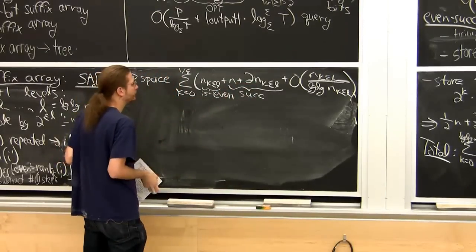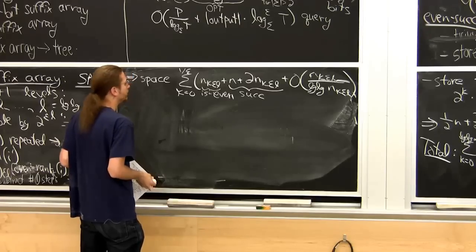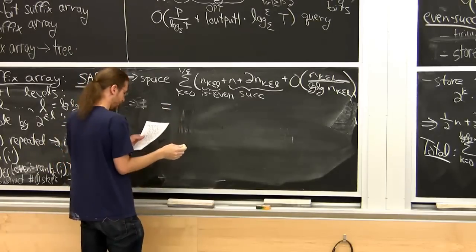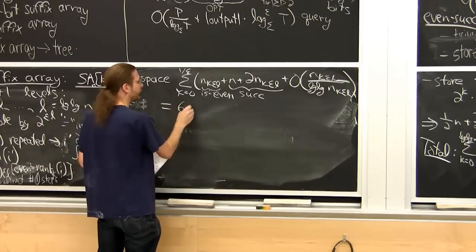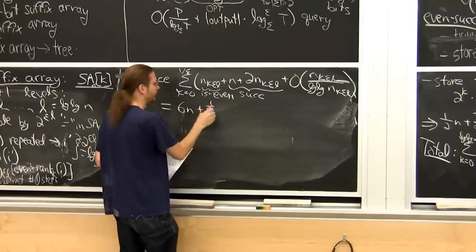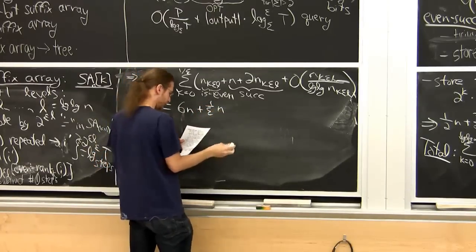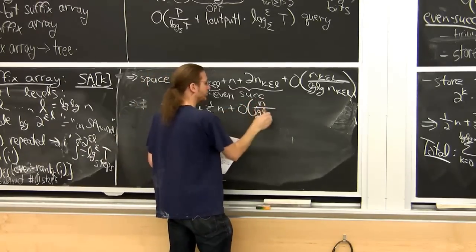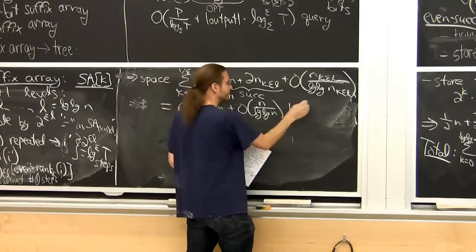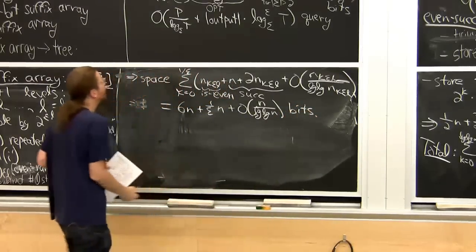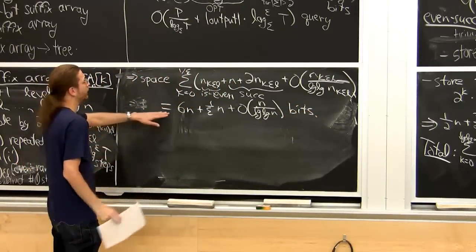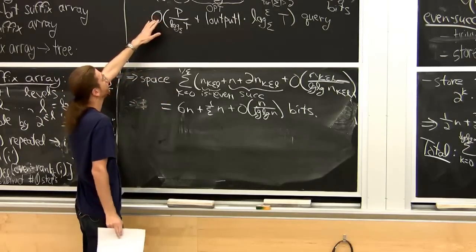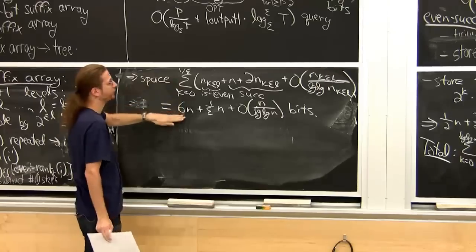Okay, cool. So this equals some constant times n, 6n plus 1 over epsilon n plus order n over log n bits. Okay, not bad. Not quite as good as this bound for binary alphabet, so ignore the log sigma. Before we had 1 plus 1 over epsilon, now we have 6 plus 1 over epsilon.